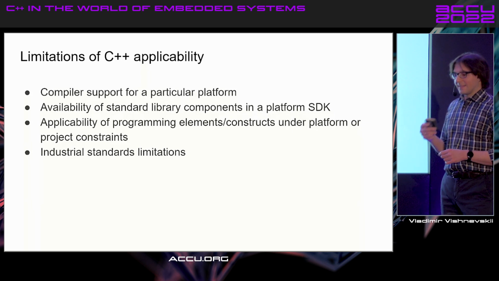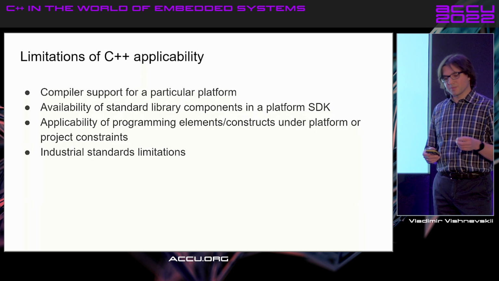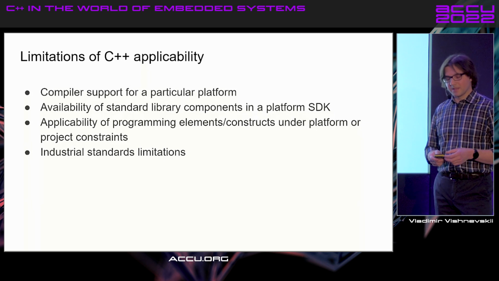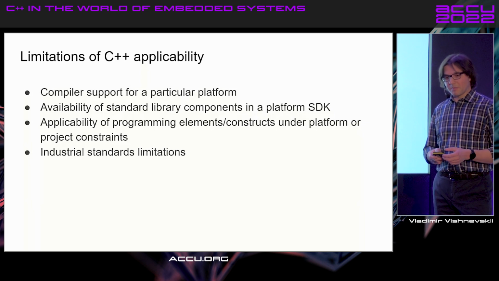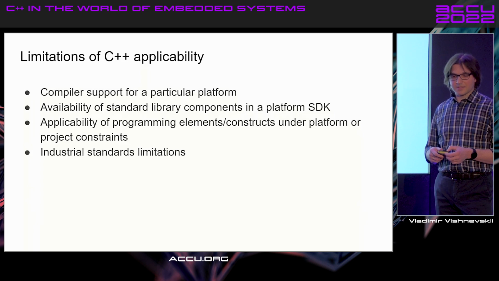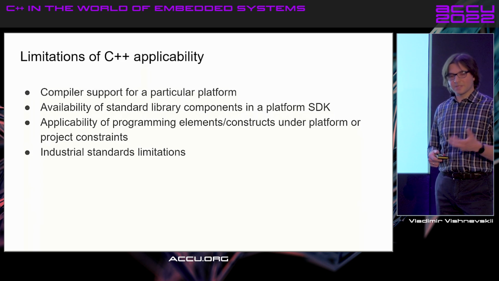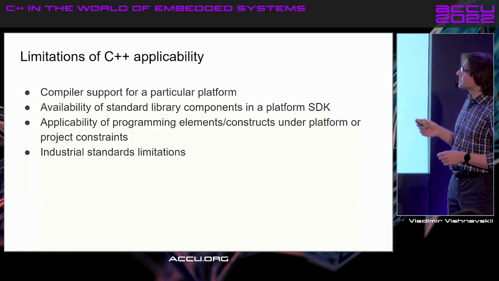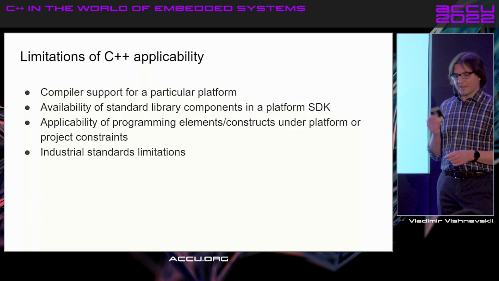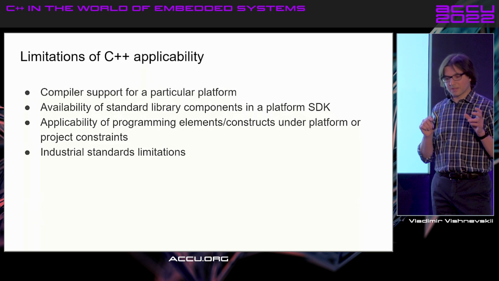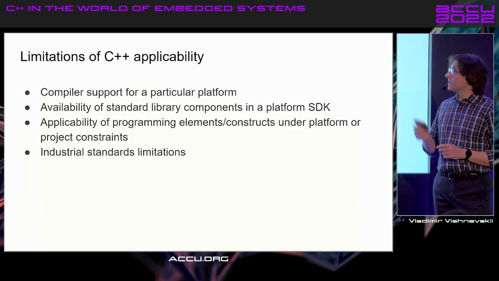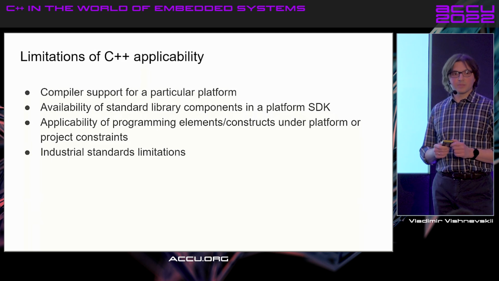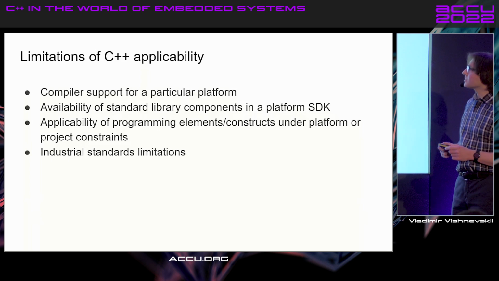So some language, not exactly the language features, but some constructs might be seen critically and risky for particular platforms or particular types of applications. We will cover this. And also, if we are working with some criticality, there can be industrial standards that limit some applicability. So this also should be considered.